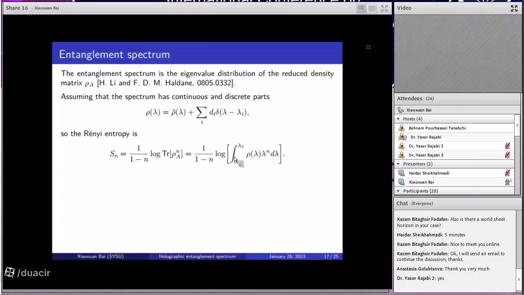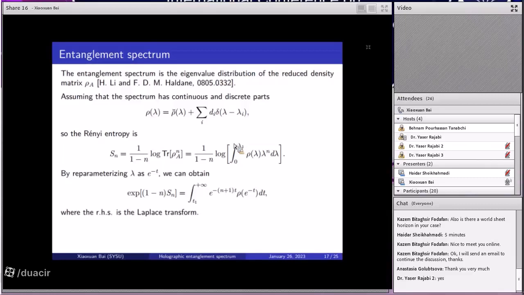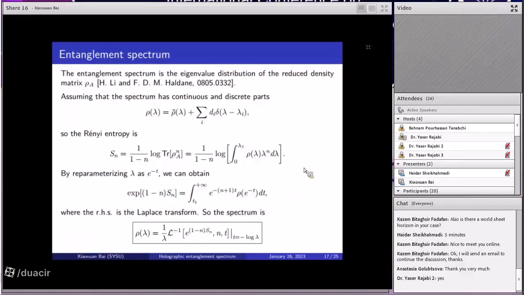So the Rényi entropy can be written as such an integral. Then by reparameterizing lambda to be the exponential of minus t, we can obtain a new integral which is exactly the definition of the Laplace transform. So the entanglement spectrum can be calculated from an inverse Laplace transform.